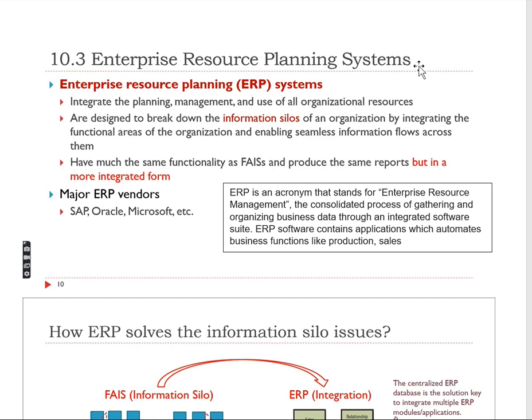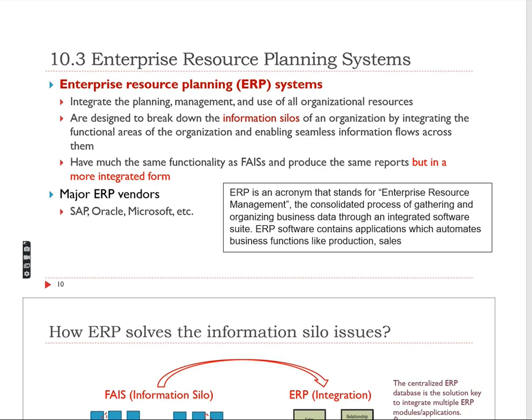So the guy that's in the inventory section can get the information from sales, and conversely, the same thing. Inventory has to know what was sold because in another day or so, it's going to go out and it'll disappear. And they have to keep the inventory intact. All right, so that's basically what I'm keeping it simple. The enterprise resource planning system is. It brings it all together.